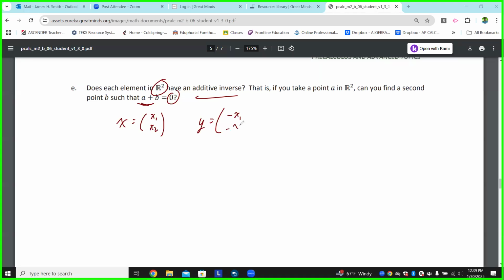Negative x1, negative x2. So the additive inverse of (x1, x2) is (negative x1, negative x2). Basically, we just change the sign of each element.